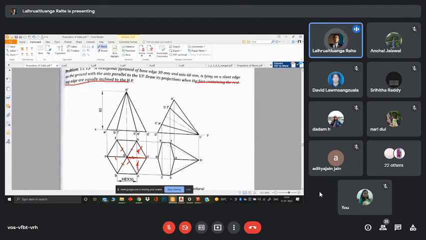Meaning that when it sleeps, this part is going to make a certain angle, and this part is going to make a certain angle to the horizontal plane, and they are equal. I hope you can visualize it. When it sleeps on OD, it is staying over here.